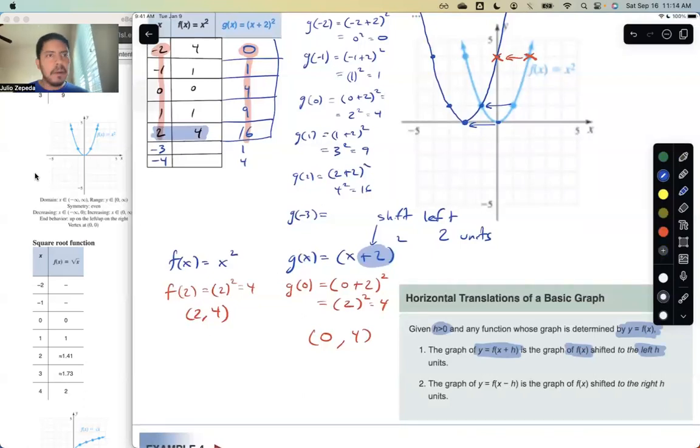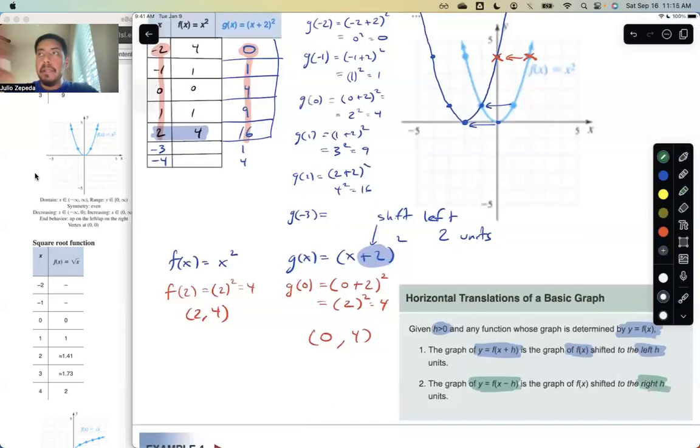Now, what about the graph of y equals f of x minus h? You can probably guess this one. If we subtract the value, that's going to shift to the right h units. And so again, this is why it's really good to know the function x squared really well.